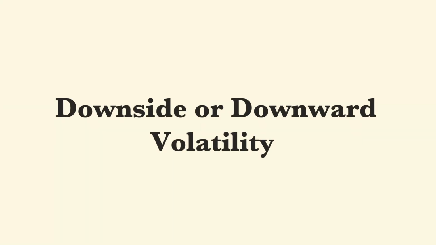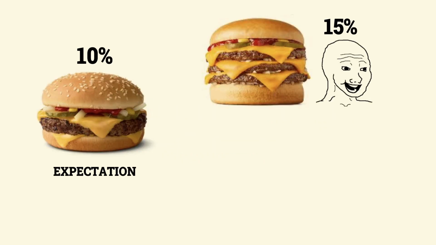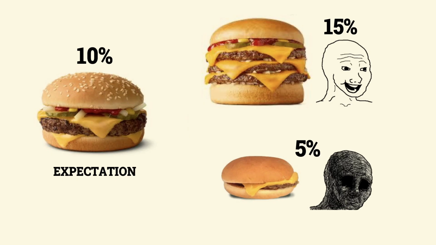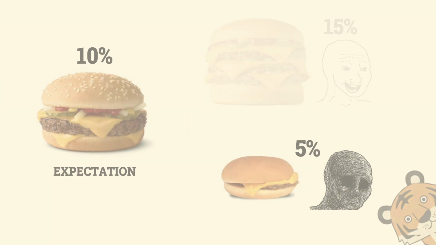While standard volatility treats positive and negative deviations from the expected return equally, investors are usually more concerned with outcomes below their expectation. Using the same example, if you expected a 10% return, ending up with 15% represents a positive surprise, while ending up with 5% or a loss represents a negative one. Downside volatility focuses only on these negative deviations, since they are the ones that pose a risk to the investment or strategy.